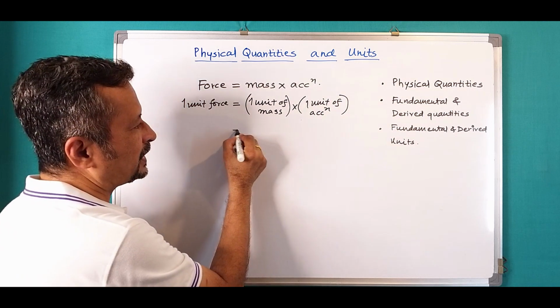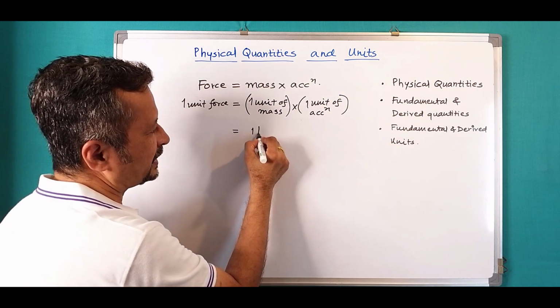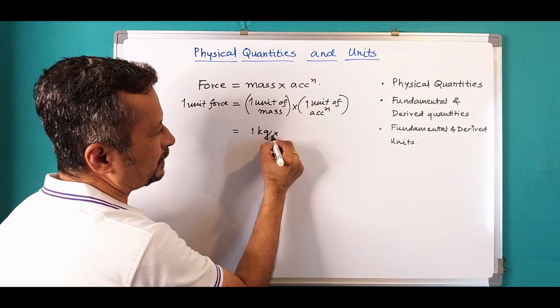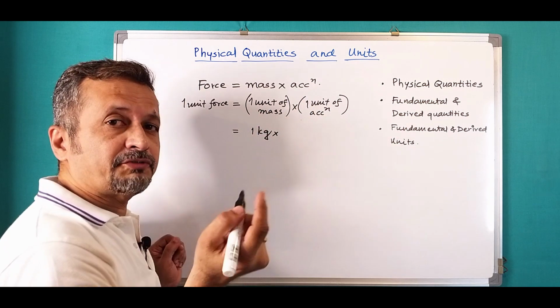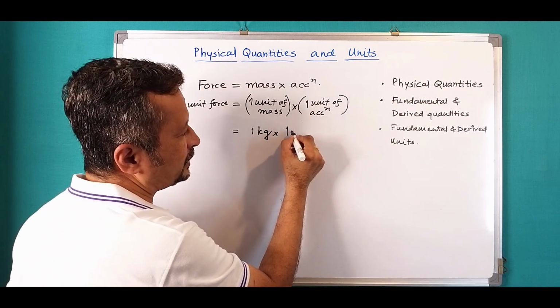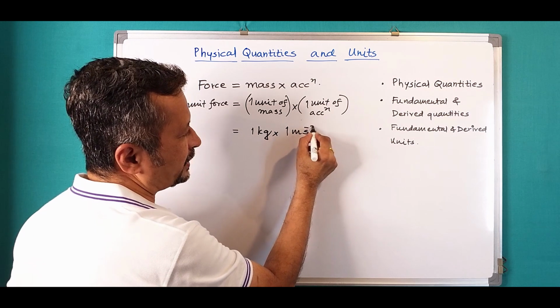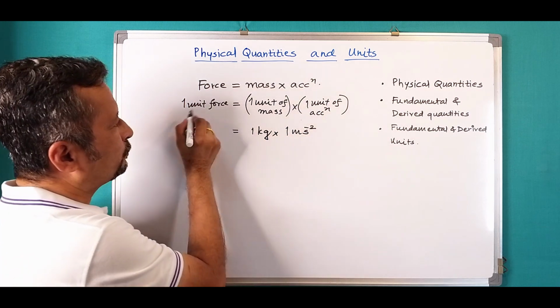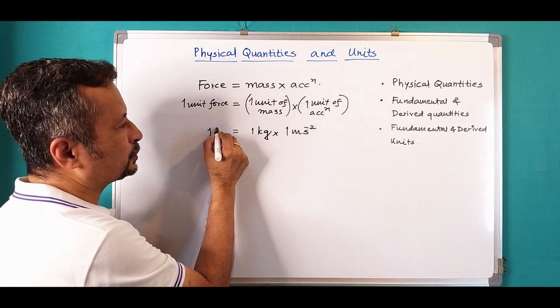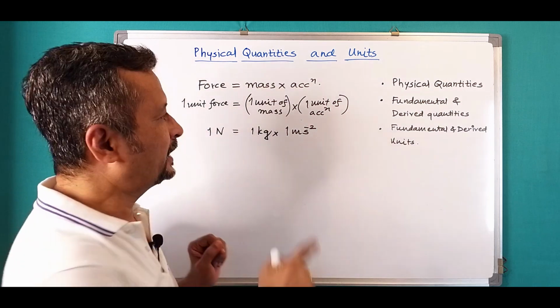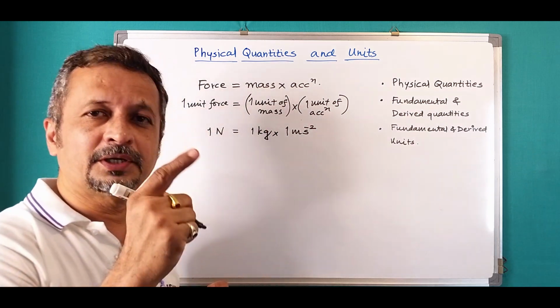So 1 unit of mass is 1 kg, multiplied by the unit of acceleration, which is meter per second square, 1 meter per second square, right? So 1 Newton is the unit of force, correct? It is 1 kg meter per second square.